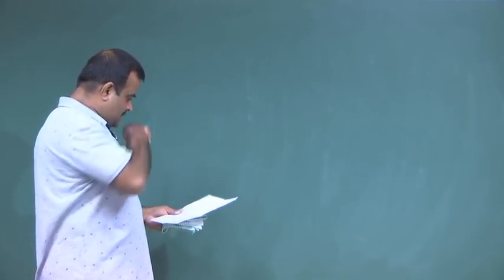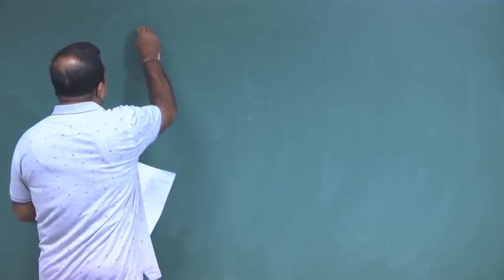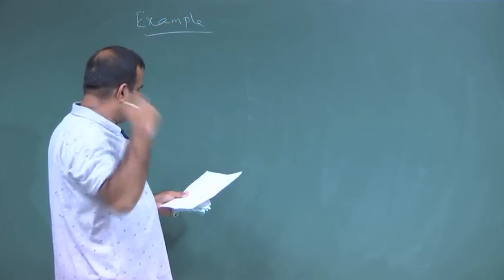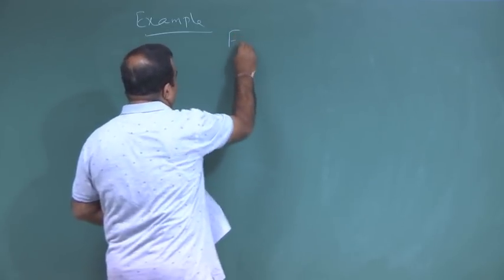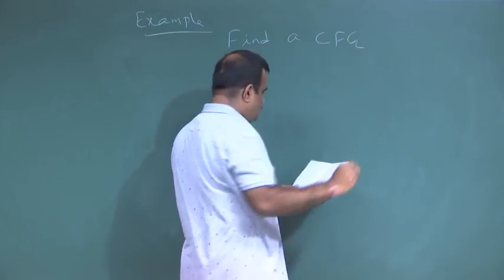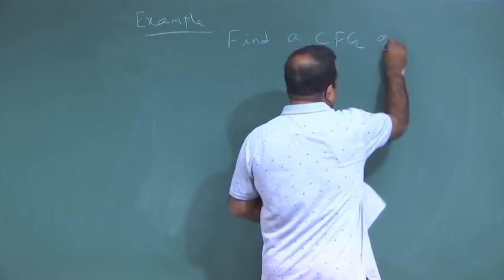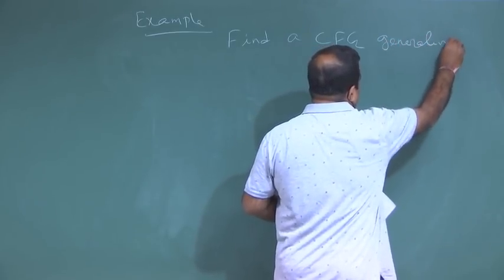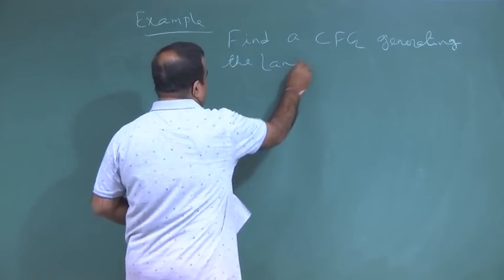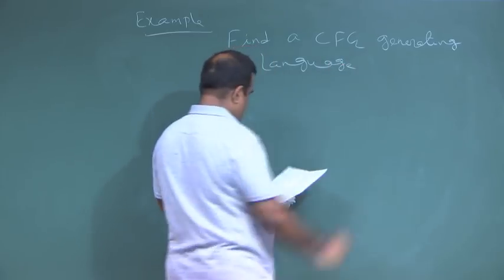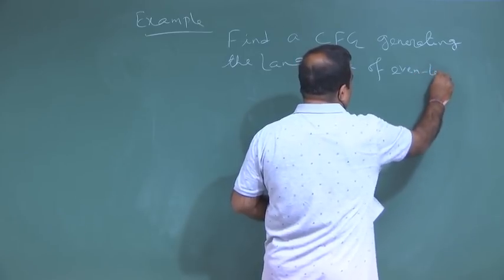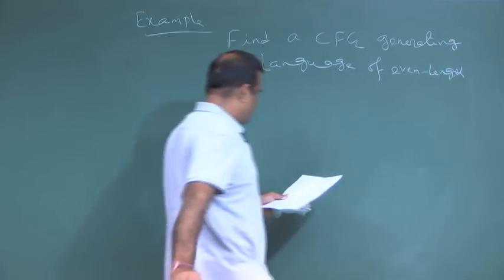Suppose we take this: find a context free grammar which generates the language of even length palindromes.